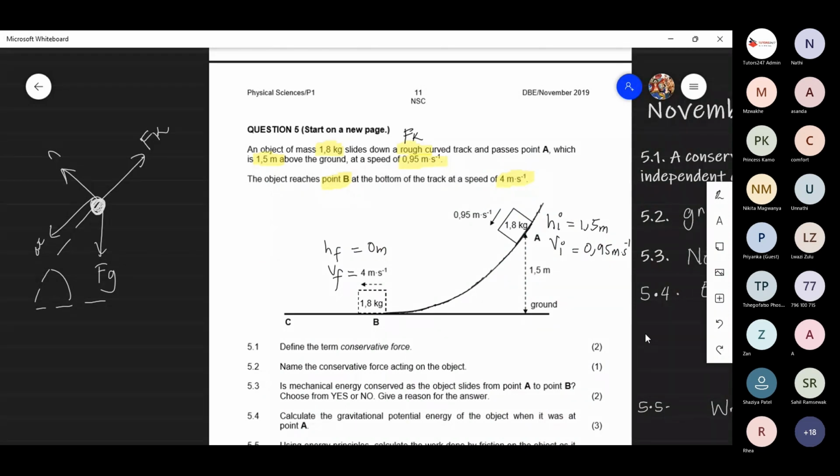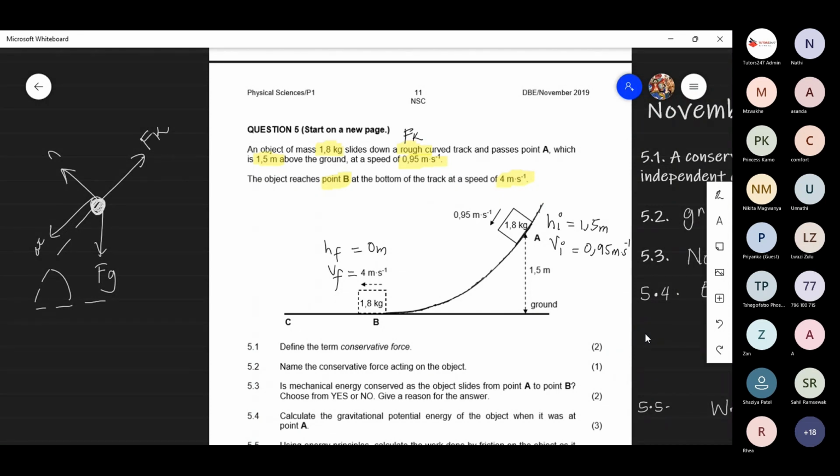Because we are ignoring normal force, the only two forces that we are going to look at are our Fg force and our friction force. So between Fg and friction, which are non-conservative forces?